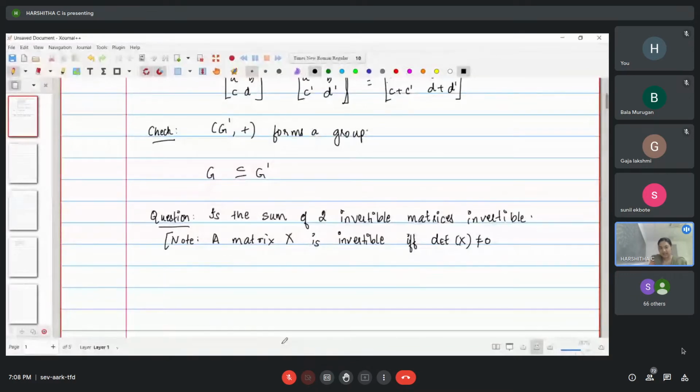So it's the same as asking, is the sum of two matrices whose determinant is non-zero, also of non-zero determinant?